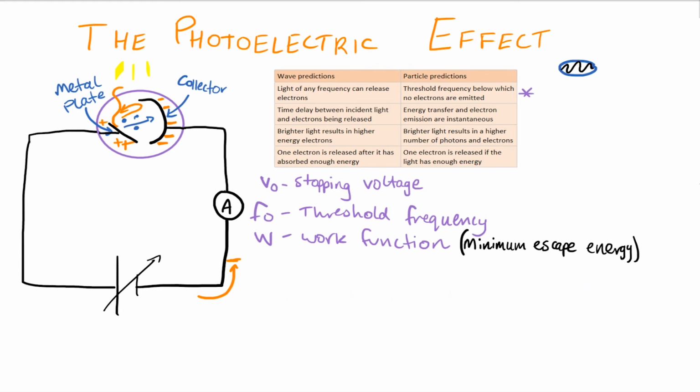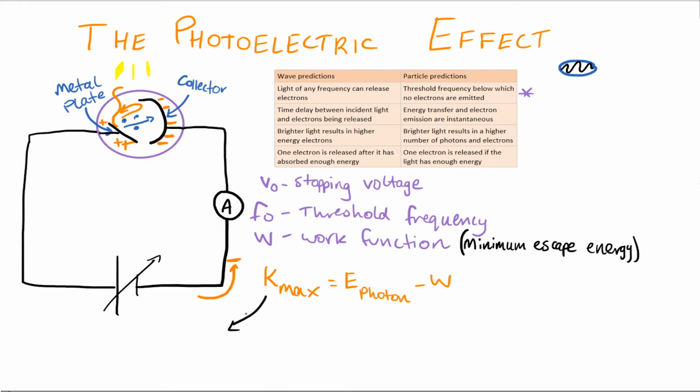So I like to think of one parent formula, which depends on a few smaller formulas here and there. So we can write that the kinetic energy of the photoelectrons, Kmax, is the energy of the photon minus the work function. Now, kinetic energy can be written in joules or in electron volts.